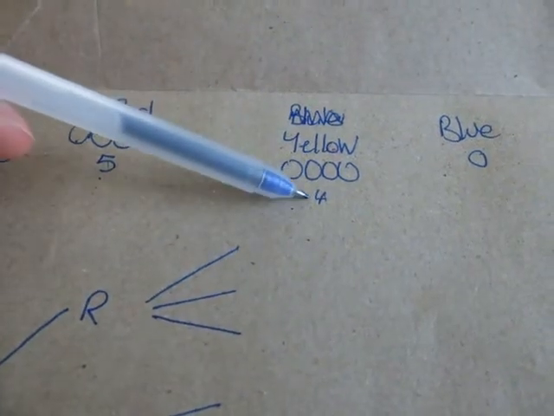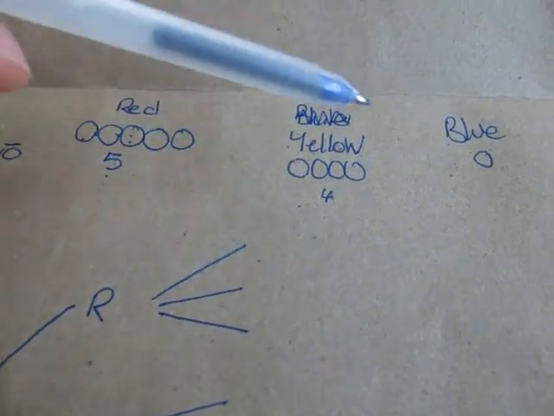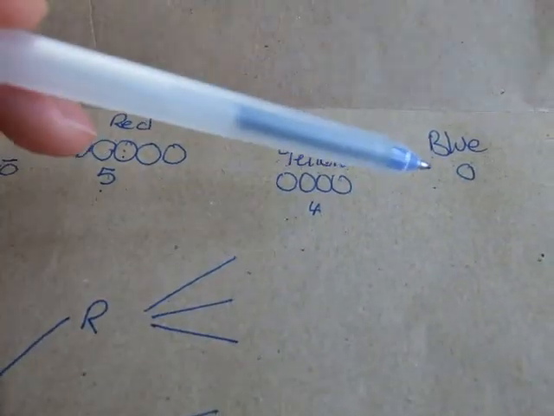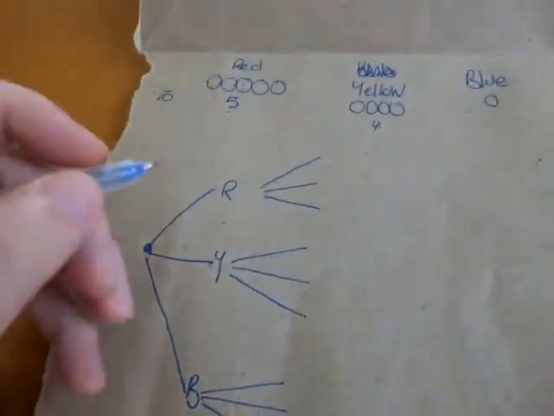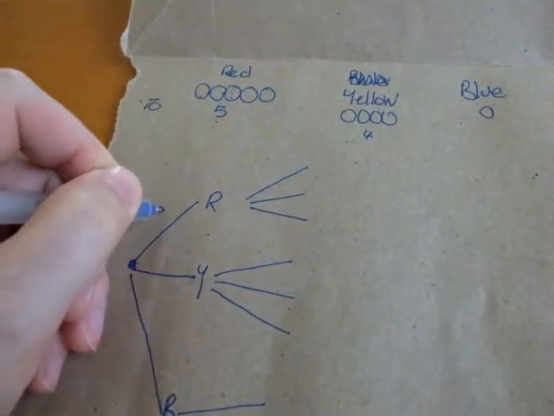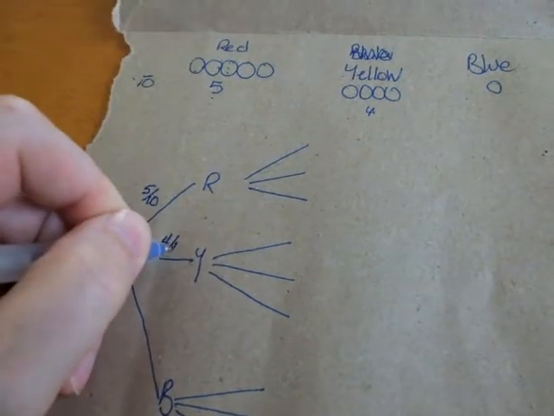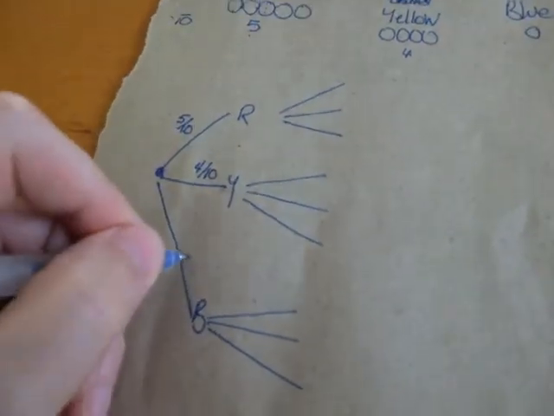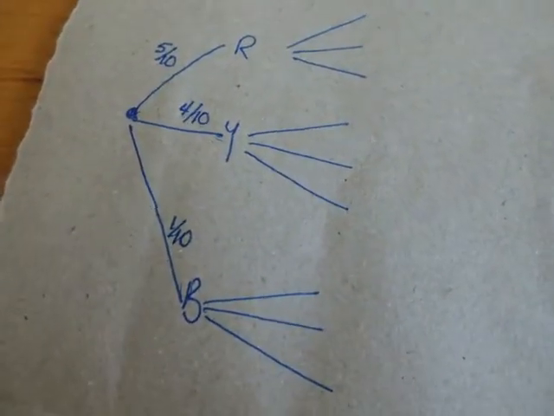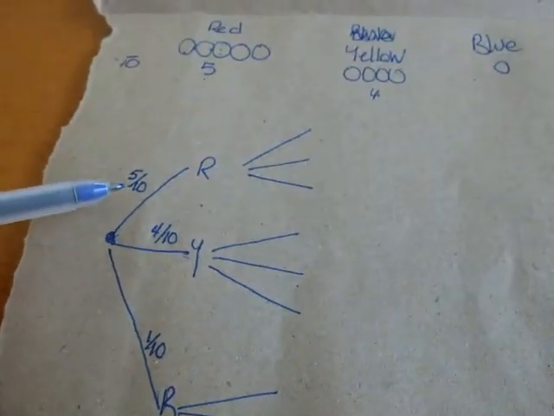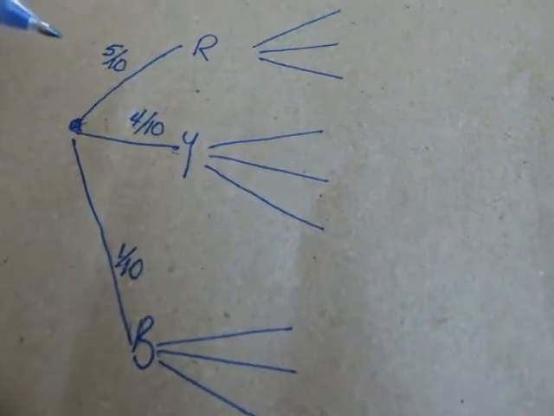For it to be a yellow one is a 4 in 10 chance, because there's 4 yellows in the bag of 10. And there's only 1 blue, so that's a 1 in 10 chance. So we write that into our diagram: red has a 5 in 10 chance, yellow has a 4 in 10 chance, and blue has a 1 in 10 chance. I keep these probabilities out of 10 because it's going to make it simpler when I calculate a little bit later.